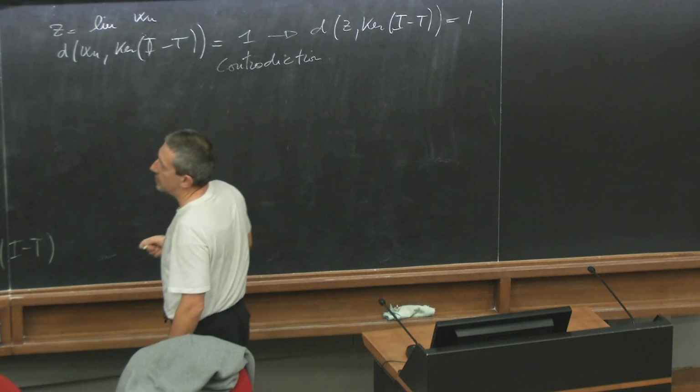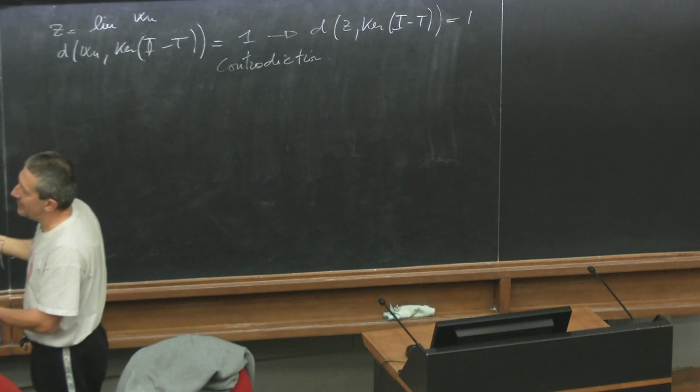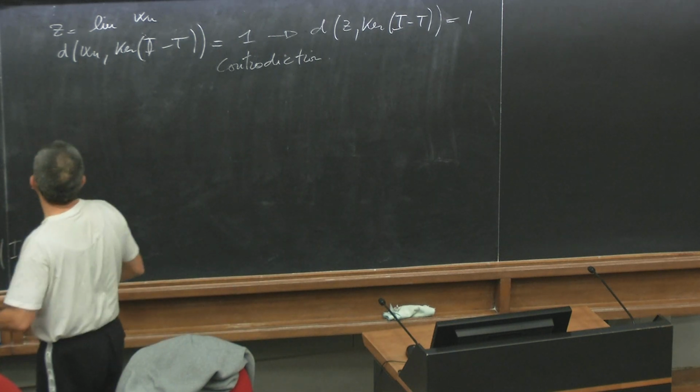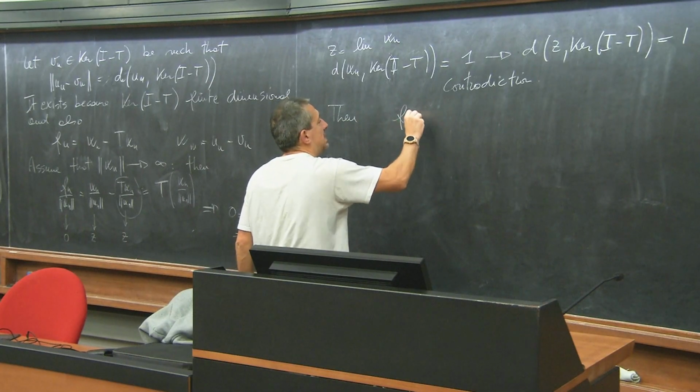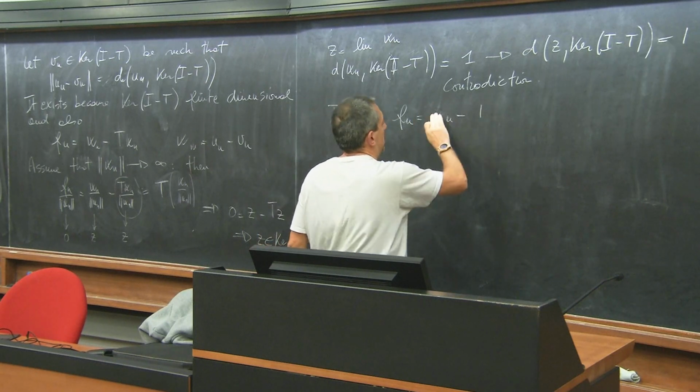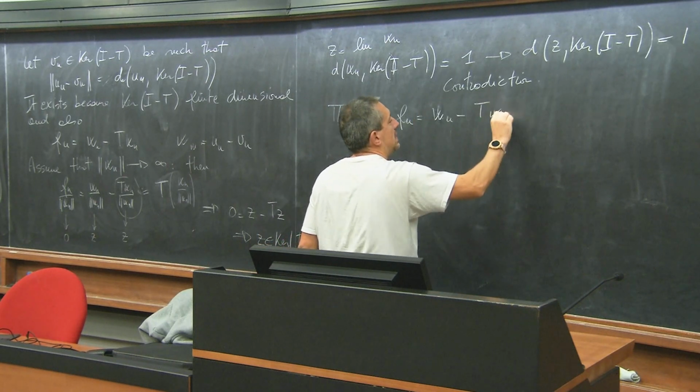And now it's done, because what we know is that Fn is equal to Wn minus T Wn.